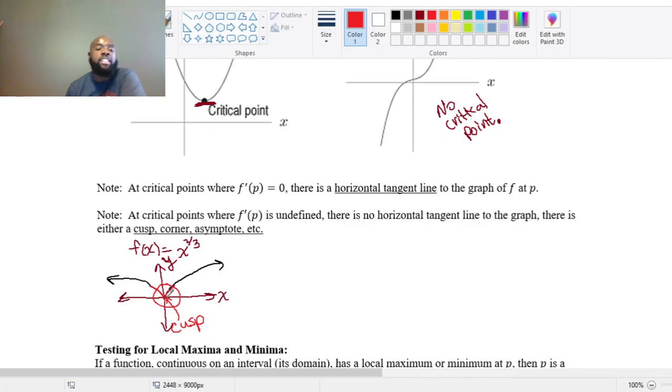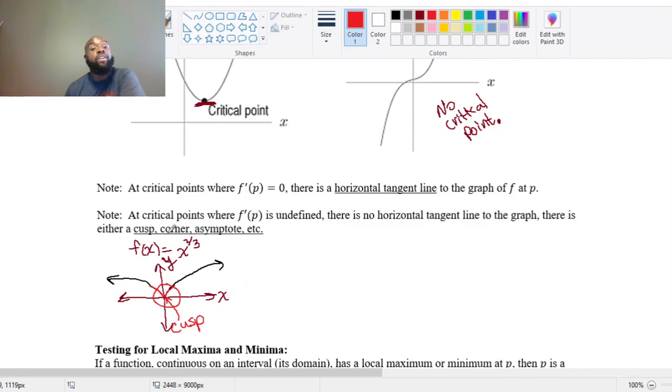If I did the slope of my tangent line using positive 0 and a positive small value like 0.000001, and I estimated my derivative using that, I'm going to get a positive slope of my tangent line, right? And then if I do that here using negative 0.000001 and 0, a small interval around 0, and try to estimate my slope of my tangent line, I'm going to get something that's undefined.